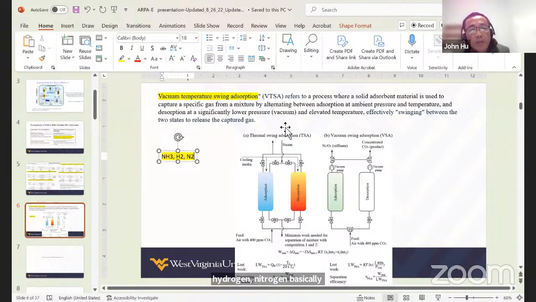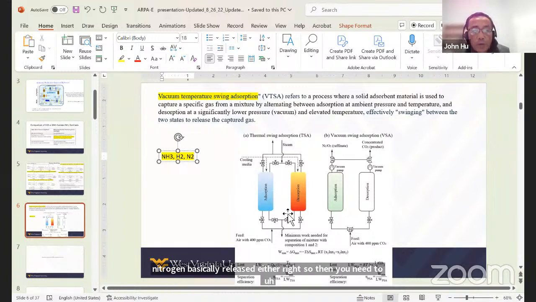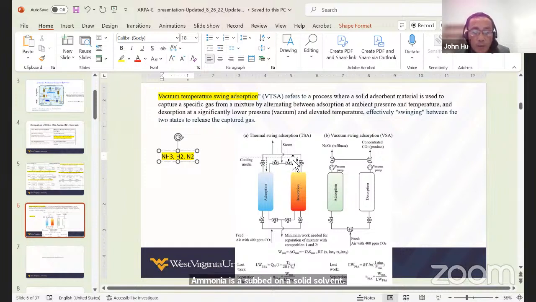All right. So then the ammonia is adsorbed on a solid solvent. You need to let the ammonia go before you regenerate the solvent. So you do the next adsorption. All right. So that's why the desorption is under vacuum. The reason you're under vacuum is because you want the ammonia to come out. All right.